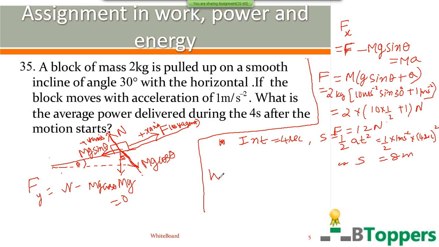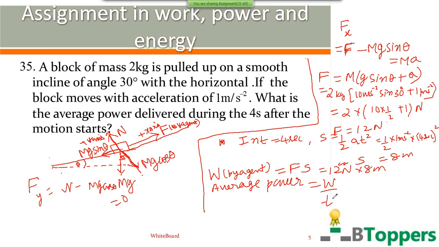So the work done by the pulling agent in the first 4 seconds is the product of the magnitude of the force applied by the agent on the block and the magnitude of the displacement of the block. The force applied by the agent is 12 newtons, and the displacement is 8 meters. So the average power delivered by the agent is equal to the work done by the agent divided by the time interval.